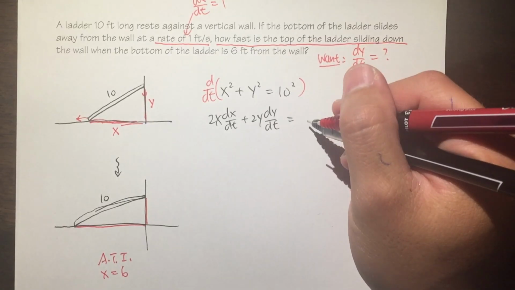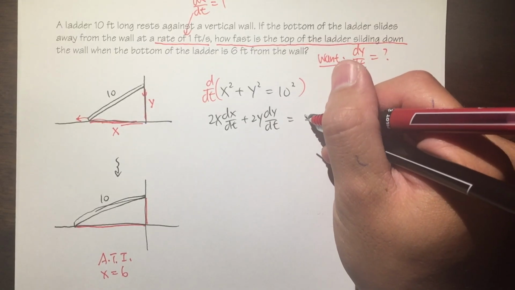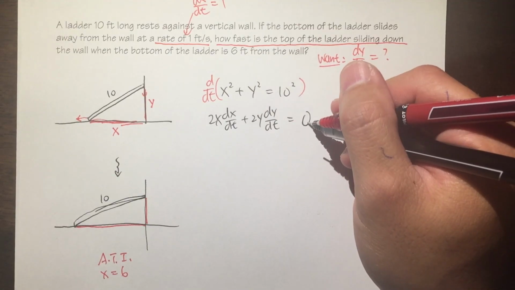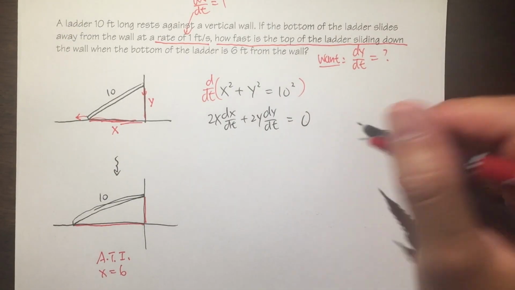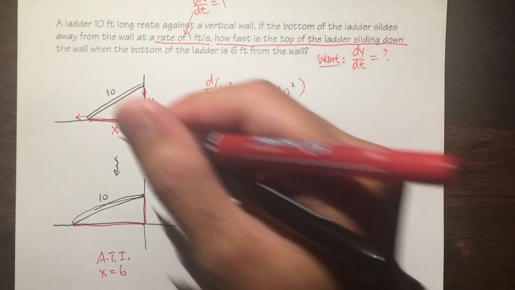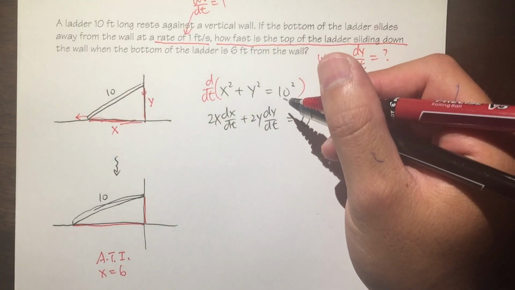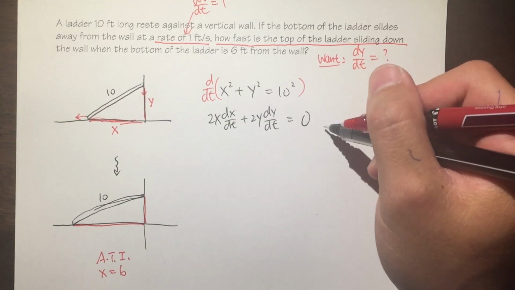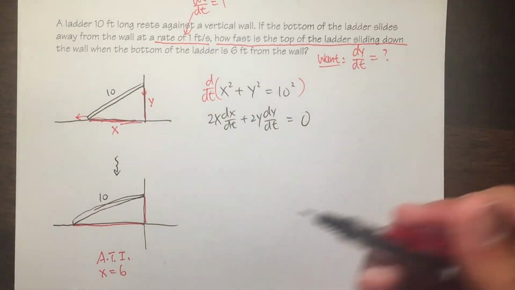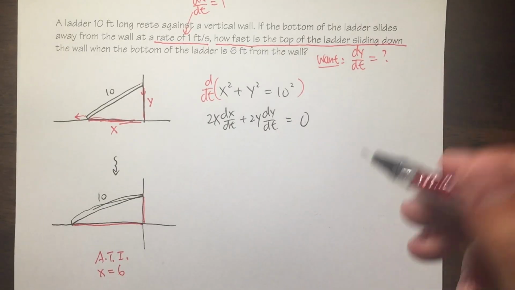The answer to this is not 20. The answer to this is just 0, because this is just the derivative of 100. It's a constant, 0, right? So that's pretty much it. And for the people who really want to label this as z squared, you realize you get 2z dz/dt, but dz/dt is 0 because z stays the same.